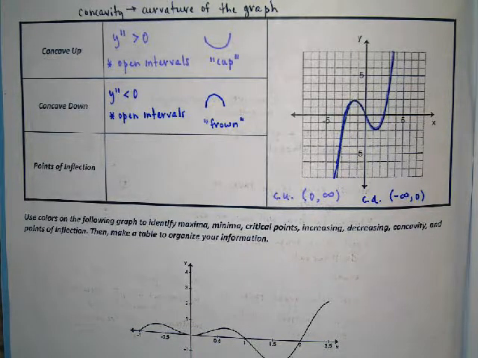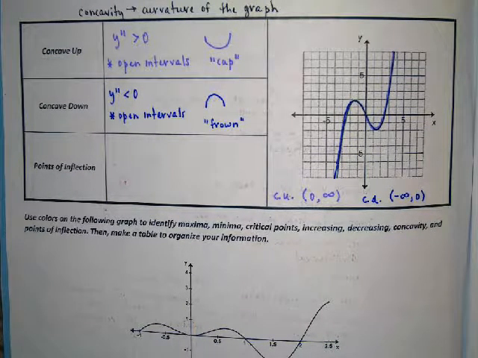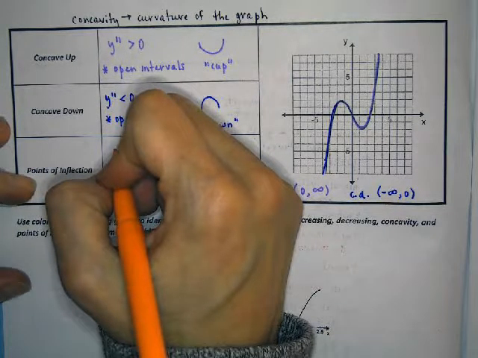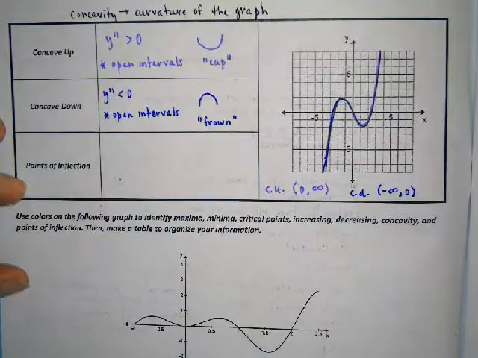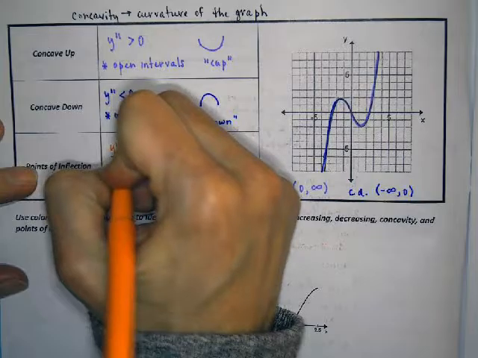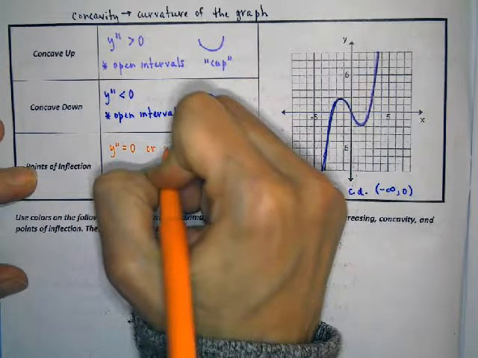And so now what we have is what we call points of inflection. For us, there are really two criteria we need for a point of inflection. First, there are points where the second derivative is 0 or undefined.